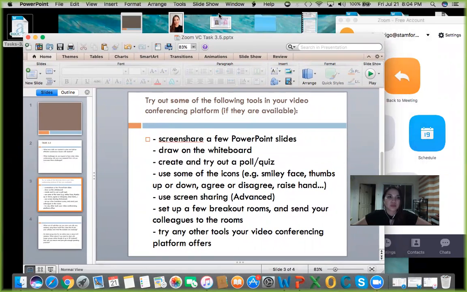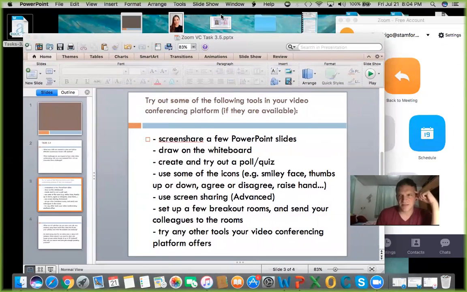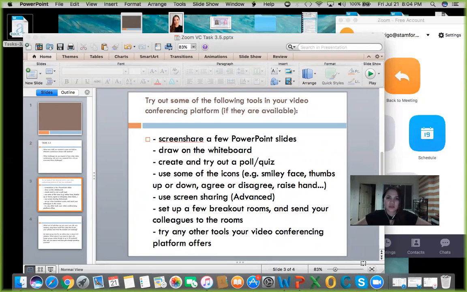Breakout rooms. Let's see. Maybe I can. I think I should exit the share screen first. What is this? Optimize. Okay. Stop screen sharing. You remember last time we did not share screen when Carol sent us out to rooms, right?